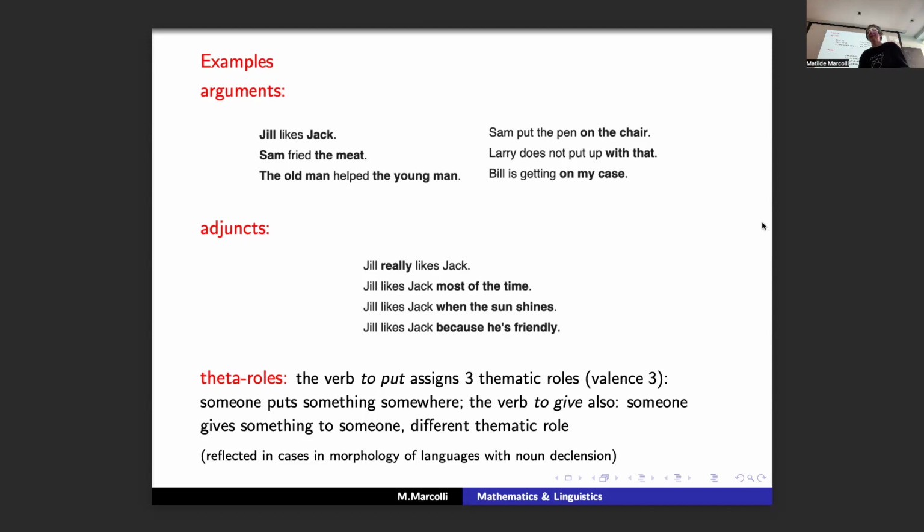Yes. So in this case, the verb to help looks like it would have valence two because someone helped someone else. But you could also say the old man just helped in general. So does help mean a different sense? Yeah, that's right. In some sense, there are cases where the same word can actually play different roles.